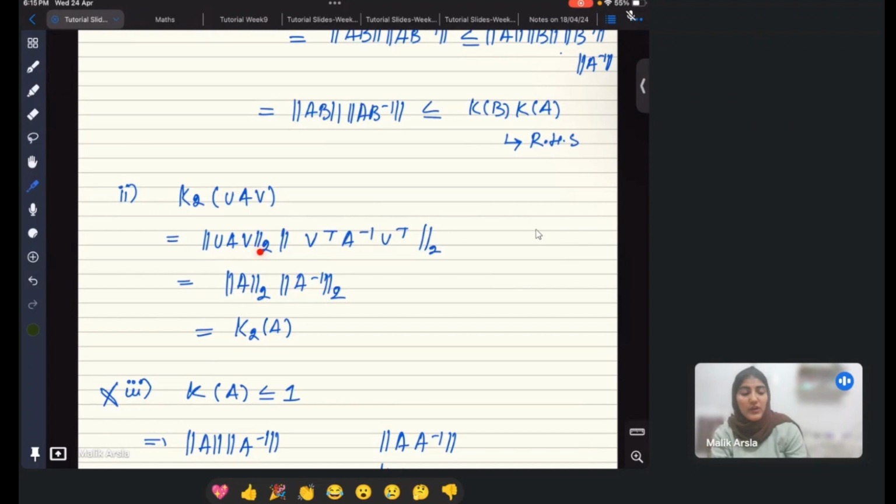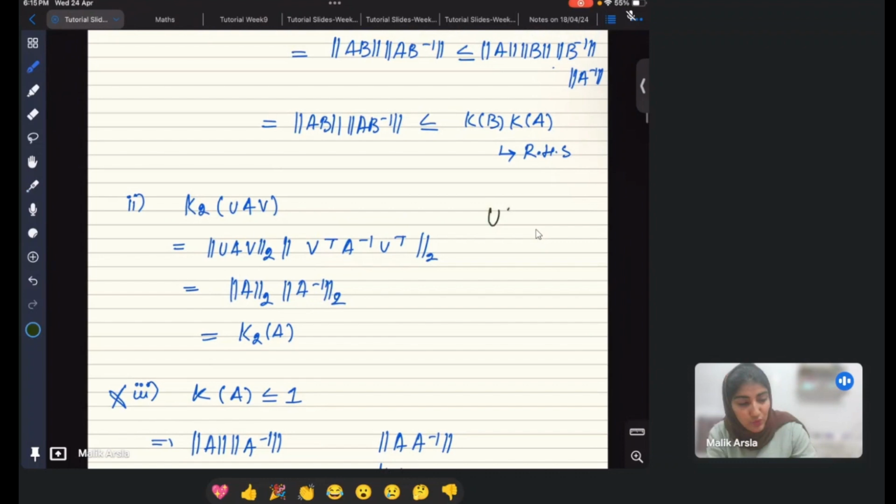Now when we take the UAV inverse, it is going to be V inverse, A inverse, U inverse, right? And since U and V are orthogonal matrices, we can simply write V transpose A inverse U transpose.